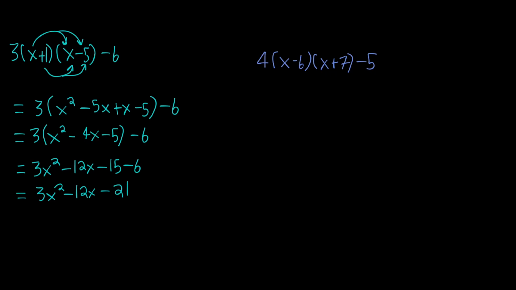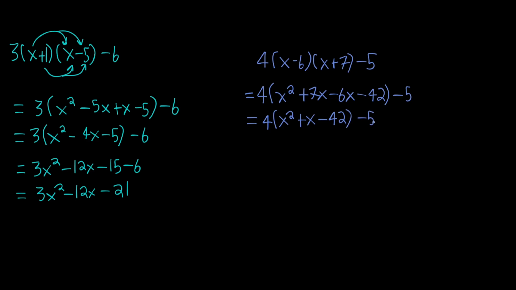Now, to continue with the example on the right, we're also going to start by FOILing. So that's going to give me 4(x squared plus 7x minus 6x minus 42) minus 5. Now I can collect my like terms on the inside. So it's going to be 4(x squared plus x minus 42) minus 5.